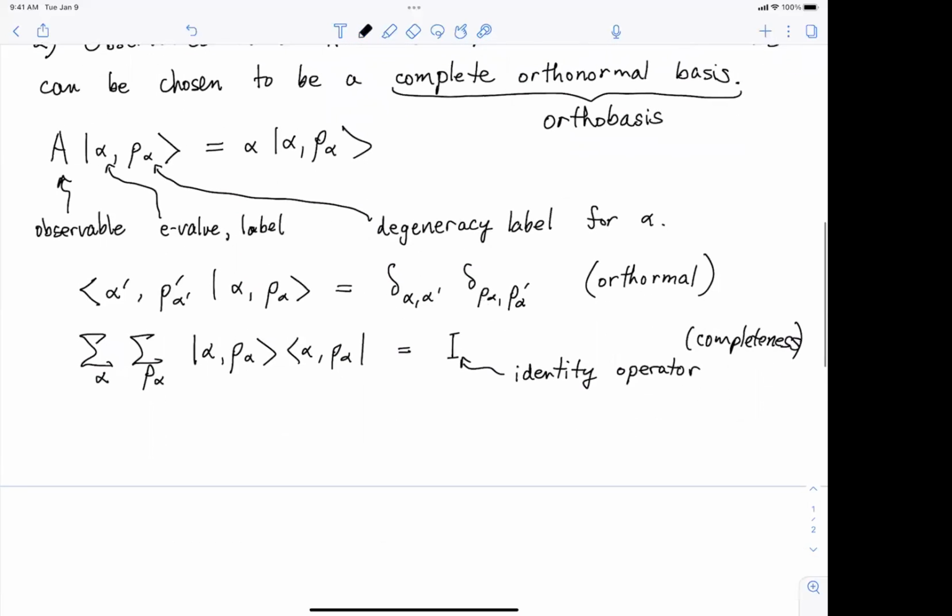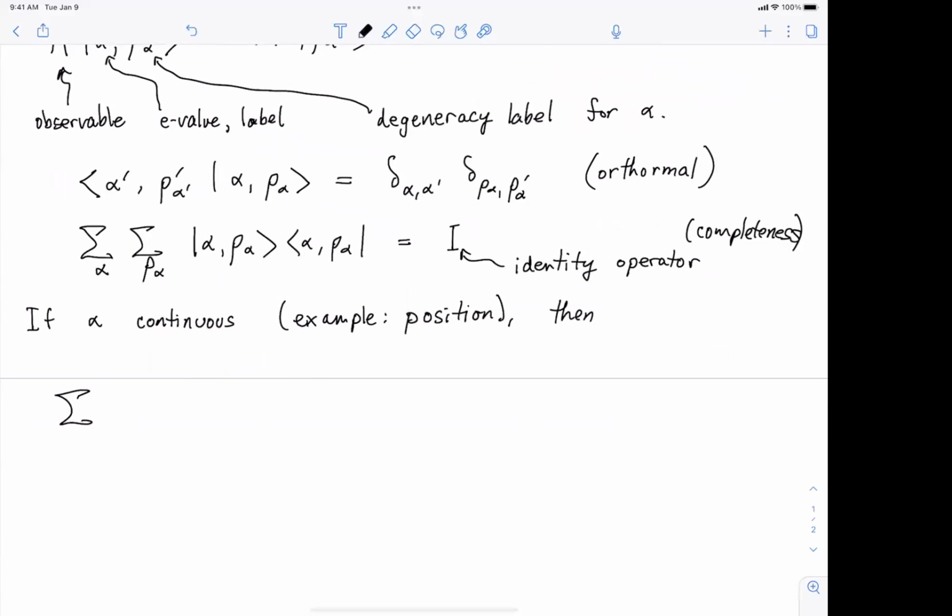Okay, now that was assuming when I did the sum that alpha was a discrete label, but alpha might also be continuous. So if alpha is continuous, for example, position, the position operator or the momentum operator, or the position and momentum eigenvalues, okay, then instead of doing a sum, you are instructed to do an integral instead.